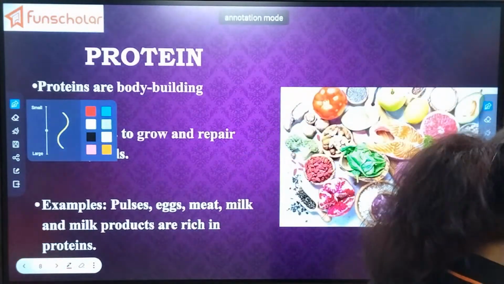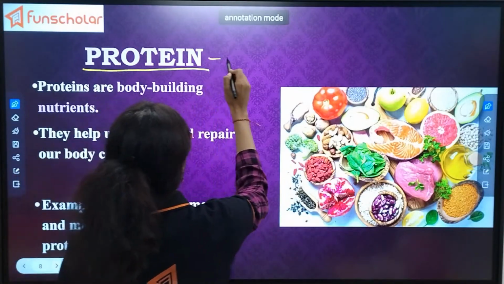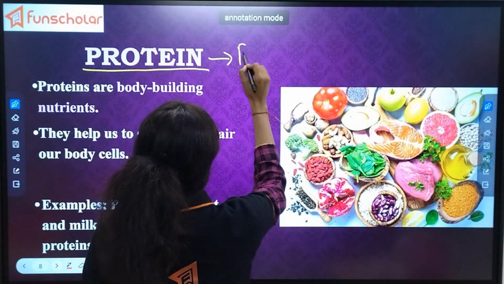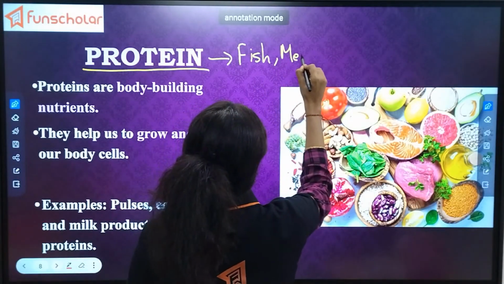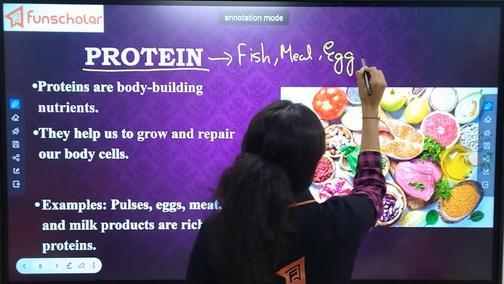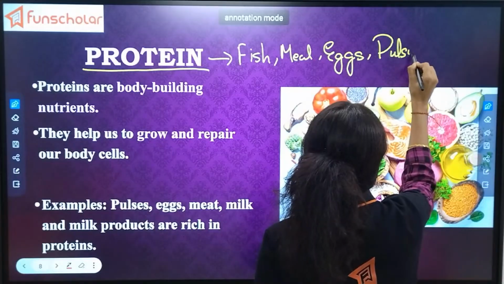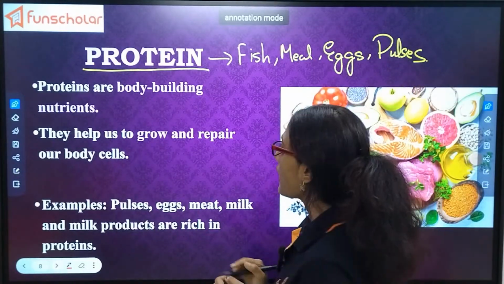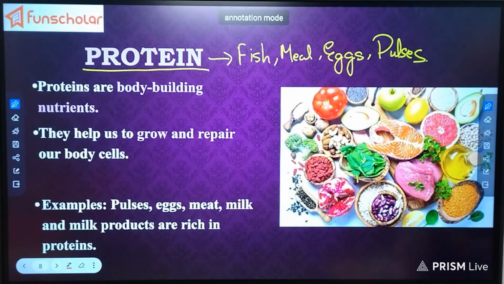This comes under protein. Okay. You get protein from fish, meat, eggs, and all kinds of dals or pulses mainly. So these four are very important examples of protein.